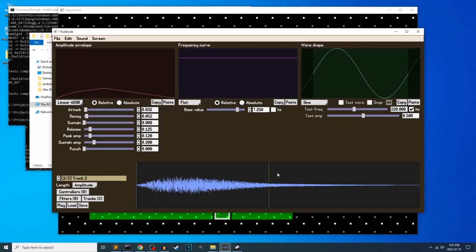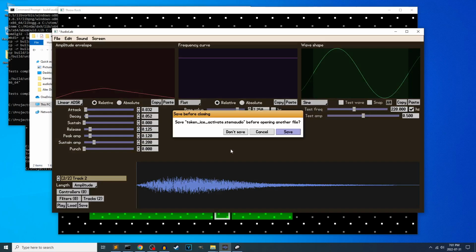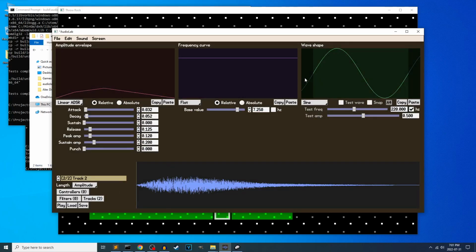Not entirely sure what I was going for with that high frequency sine wave, but it just somehow sounds icy. It was something I thought I'd try, and I think it worked okay. And that's just an up-down amplitude envelope, nothing special with the frequency. That is a sine wave, right? Yes, sine wave. You can see it right there.